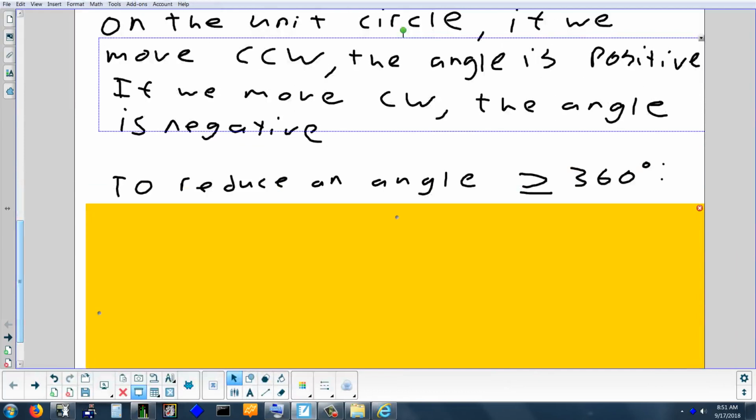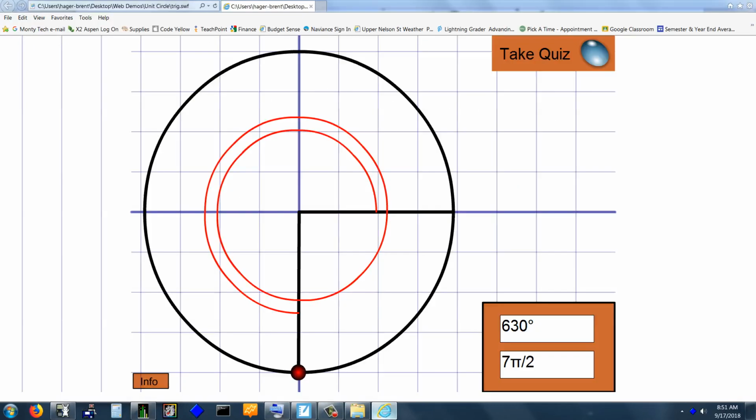So let's look at the example that Joe just mentioned. He mentioned, well, can you go more? Going more than 360. You can, but if you ever get an angle that's more than 360, we want a way to make it smaller, more manageable. Well, we already know that 630 is the same as 270.